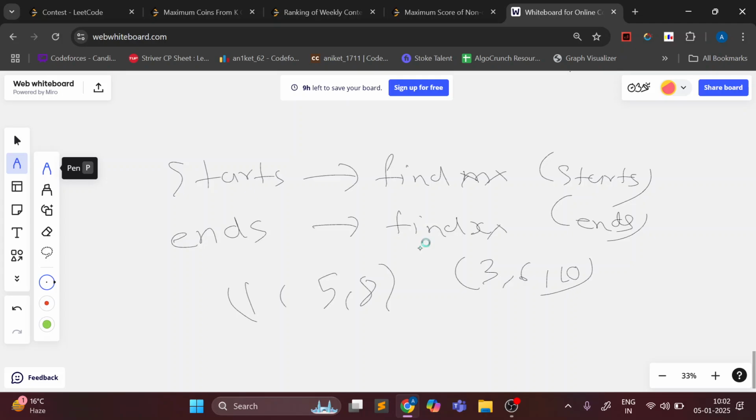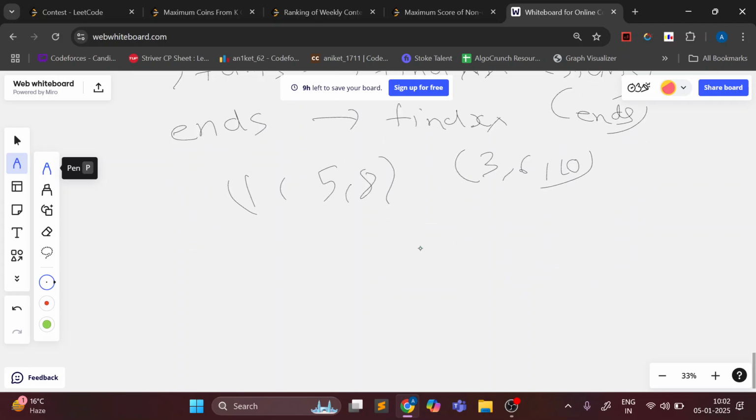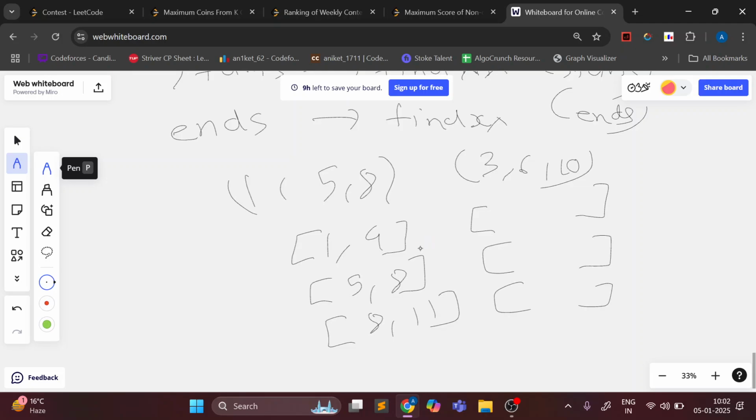So what we need to find is answers for subsegments 1 to 4, 5 to 8, 8 to 11. So starting at all the indexes up to start plus k minus 1. And the other part is if the segment ends with one of the ending intervals, so 3, 6, and 10.